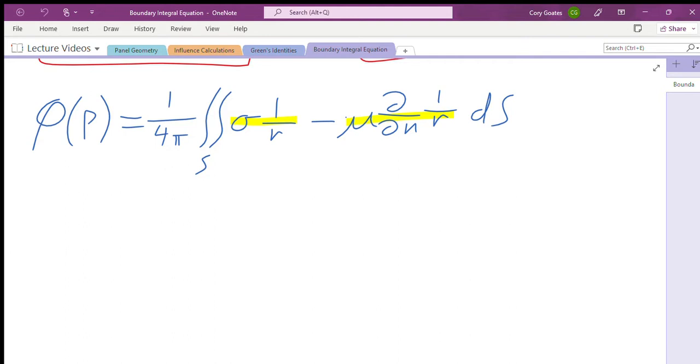And those are great and all, but it's not terribly practical to use those for aircraft design, because we want to look at more than just an axisymmetric body. So how do we use this practically? Well, what we can do is we can break up this integral.